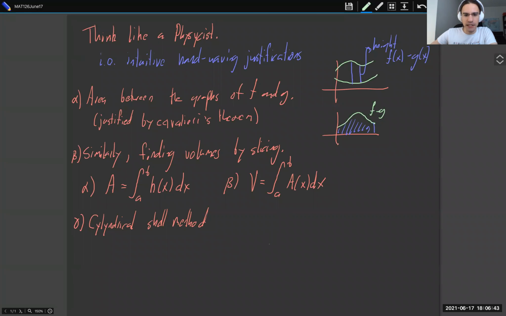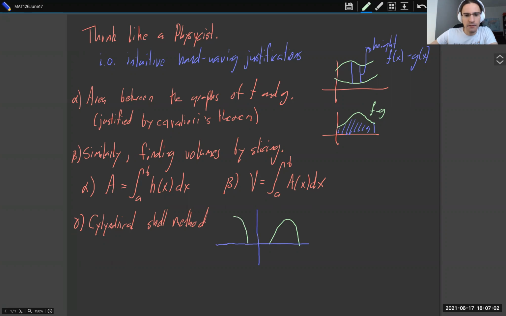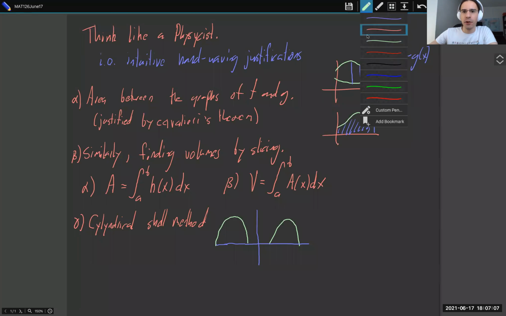So imagine that we take a function that looks like this. And then let's say that this is our y-axis. This is our x-axis. We reflect this. And then we take a surface of volume of revolution.